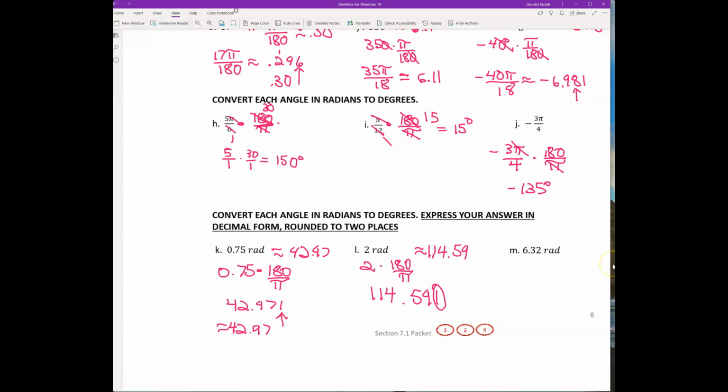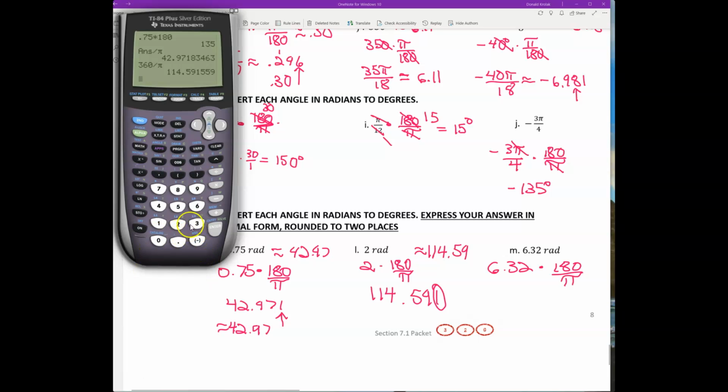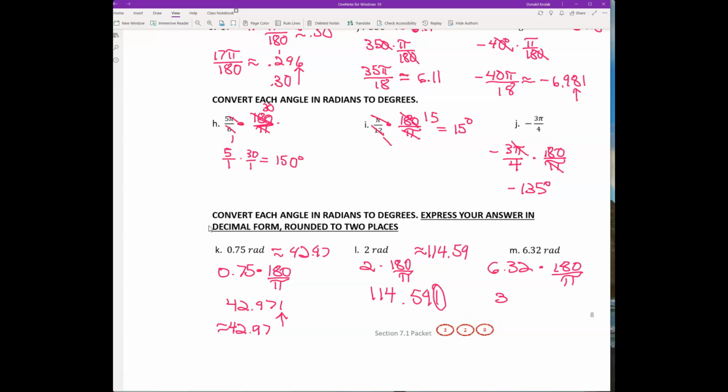Okay, and our last one, times 180, and then I'm going to divide that by pi. 362.109.